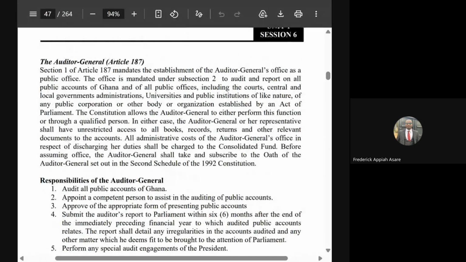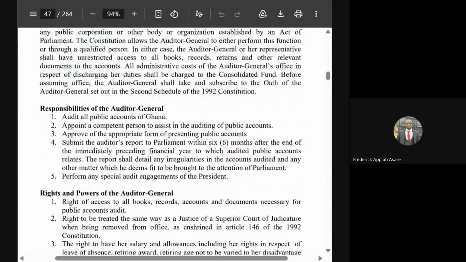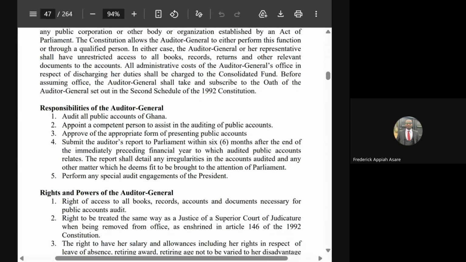Now, when it comes to the Auditor General, that is Article 187 of the 1992 Constitution. Section 1 of Article 187 also gives the Auditor General some responsibilities to deal with. Some of the responsibilities include that the Auditor General is responsible to audit all public accounts in Ghana. They are responsible to audit all public funds in Ghana.